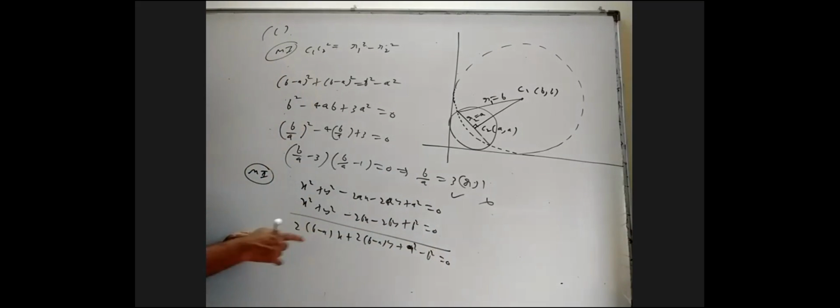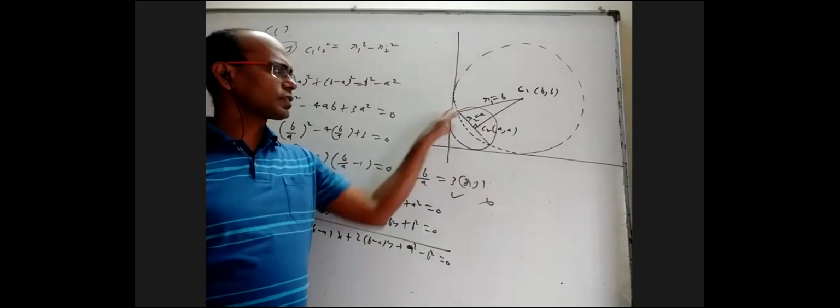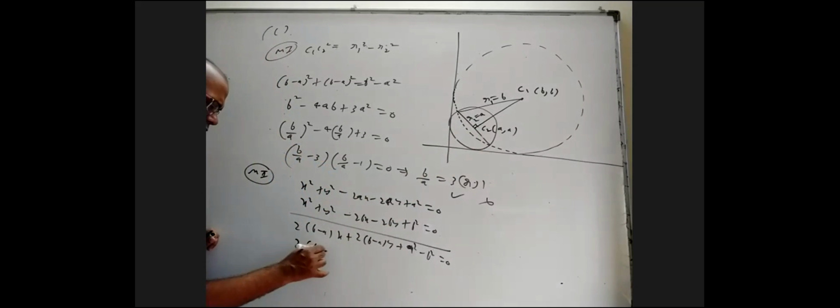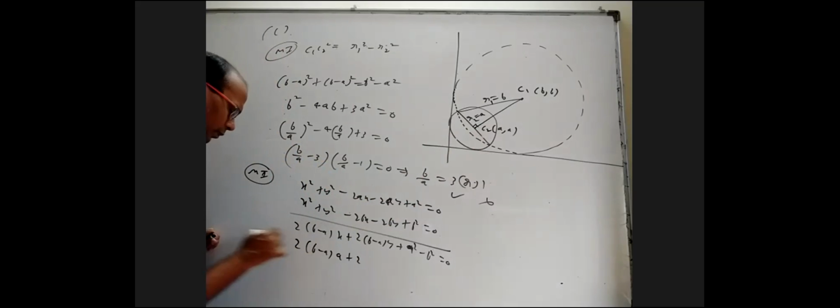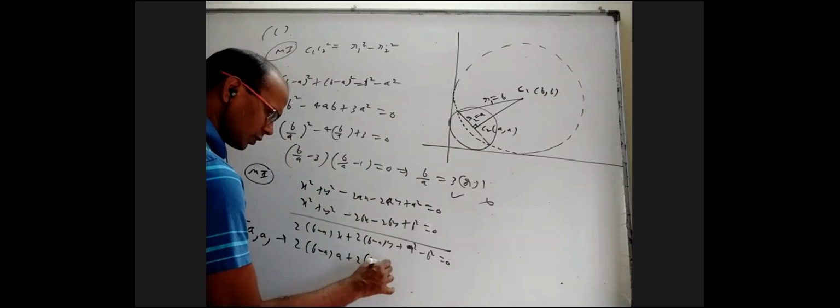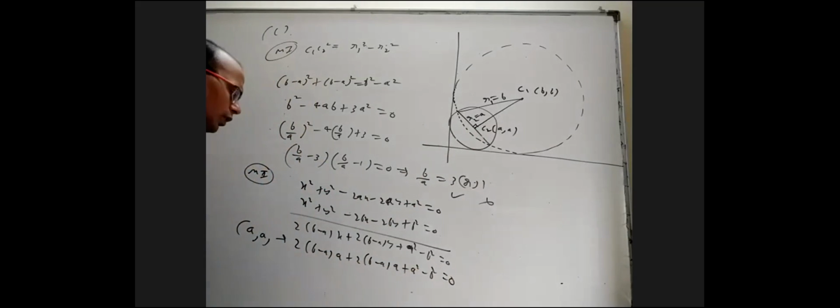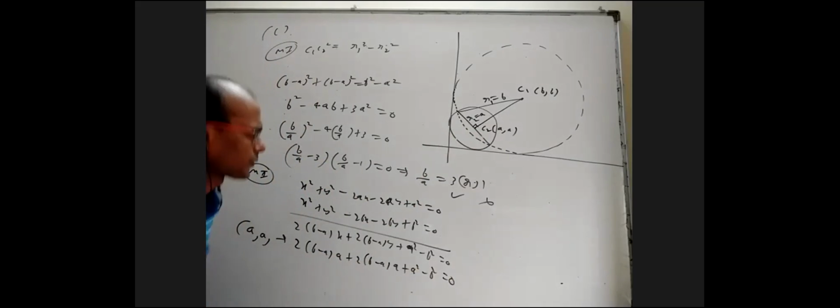This is the common chord. For this common chord to be the diameter of the smaller circle, it should pass through the center (a, a). When you substitute (a, a), you get 2 into (b minus a) into a plus 2 into (b minus a) into a plus a square minus b square equal to 0. I'm sure if you expand, you should get the same equation as here.